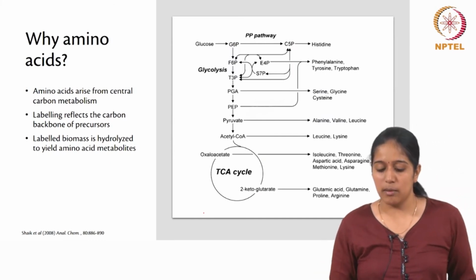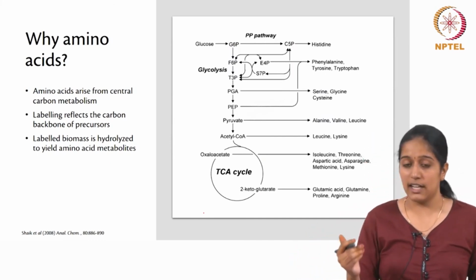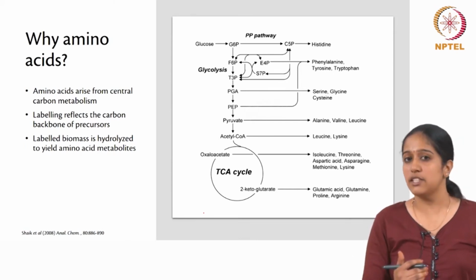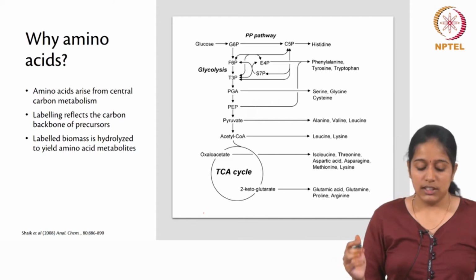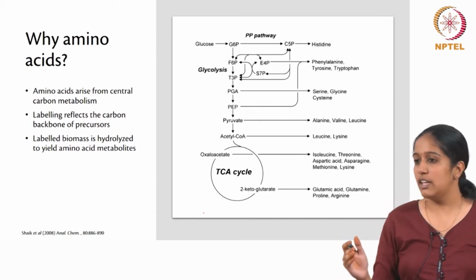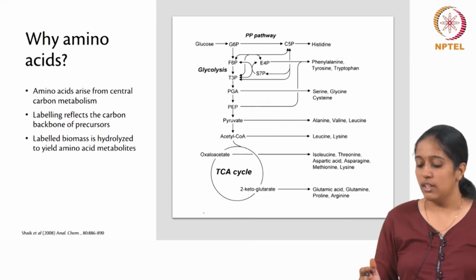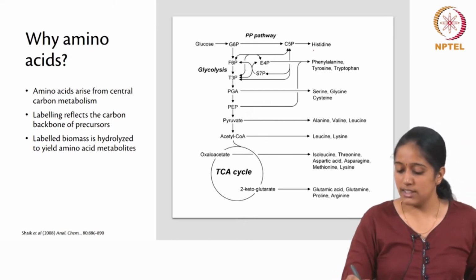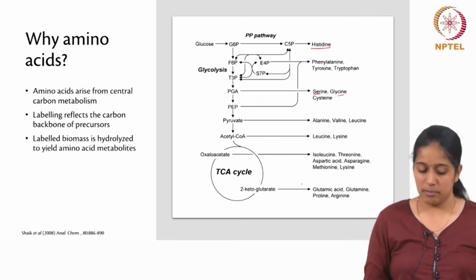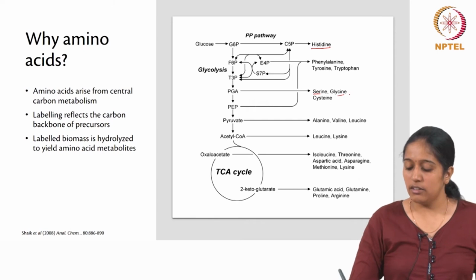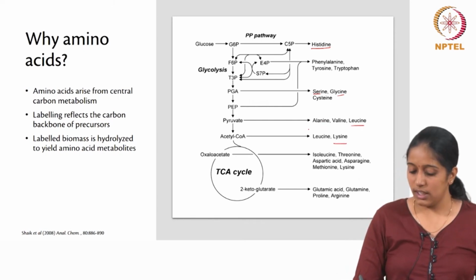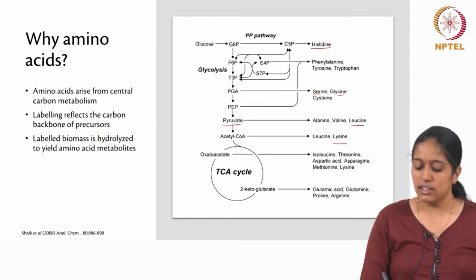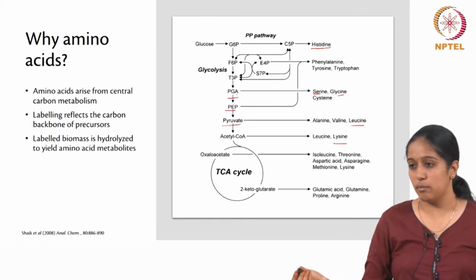So, while I was talking about taking samples and analyzing the biomass, I was very specific about amino acids. So, why should I talk about amino acids? This is because these amino acids arise from central carbon metabolism, and when you take these samples like say histidine, serine, glycine, all these are a part of central carbon metabolism. And when you find out the labeling patterns of these amino acids, they serve as a proxy for identifying the fluxes of different central carbon metabolites.